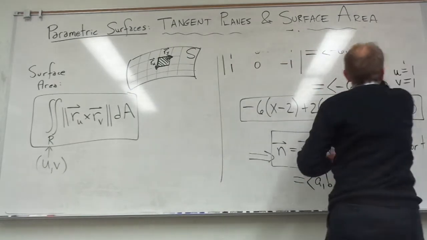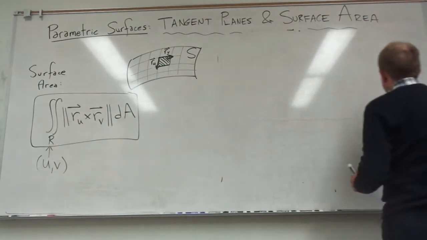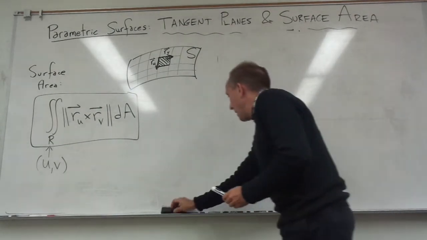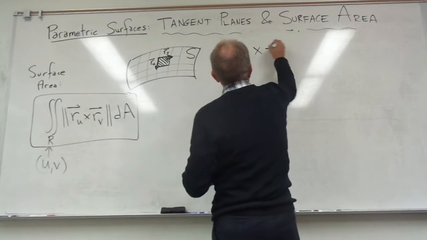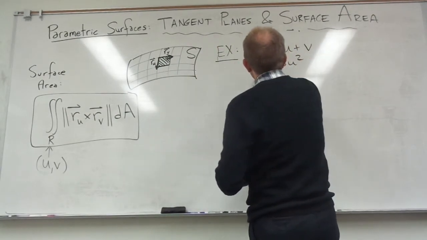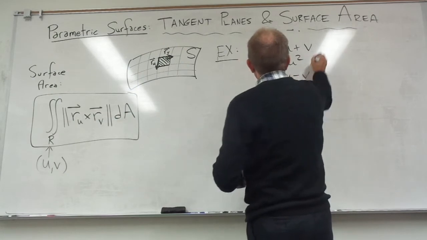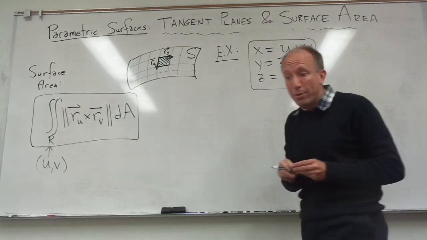Let's go back to that example that we just did, and let's just do a little follow-up with that. So example. Remember, we had x equals u plus v, y equals 3u squared, and z equals u minus v. Okay, so this is a parametrically described surface.